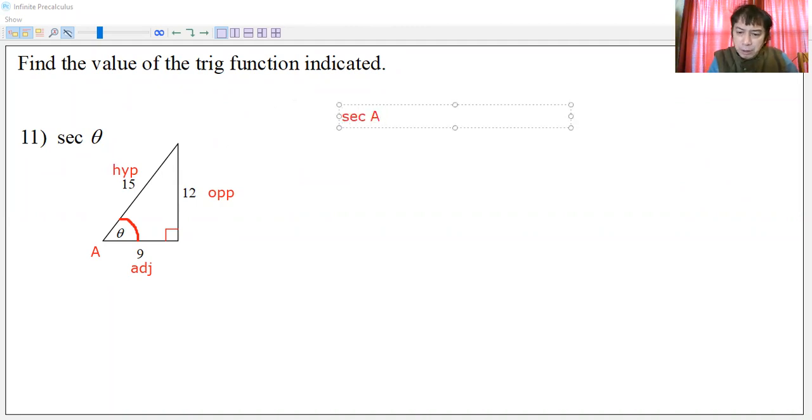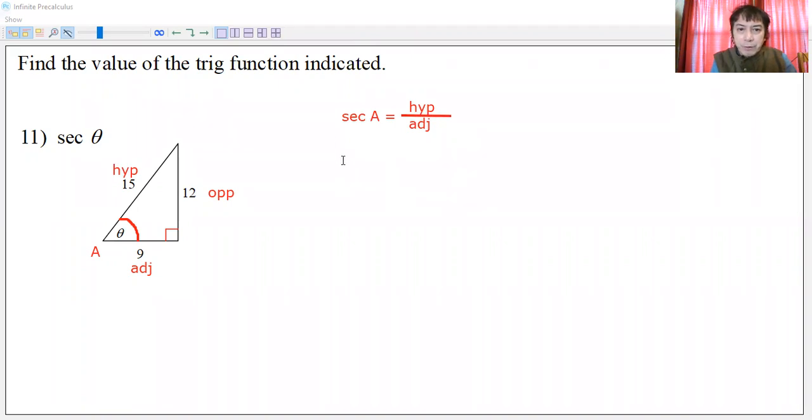The secant of angle A must be equal to the hypotenuse, all right, hypotenuse divided by the adjacent side. This will always be the formula. The ratio of the hypotenuse to the adjacent side, to the angle that we're considering.